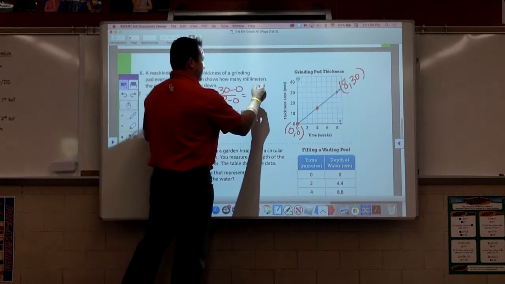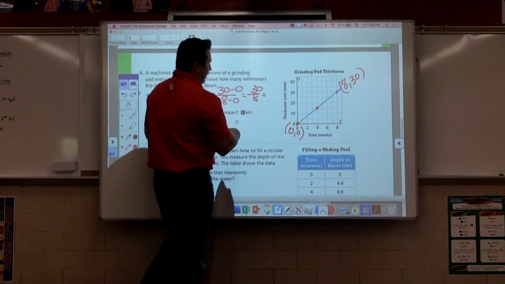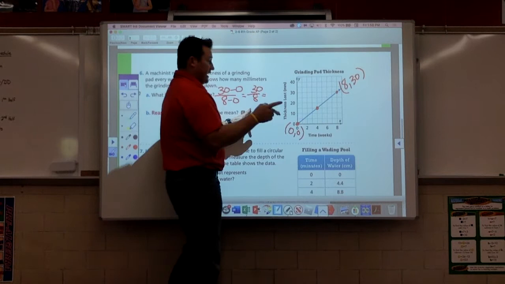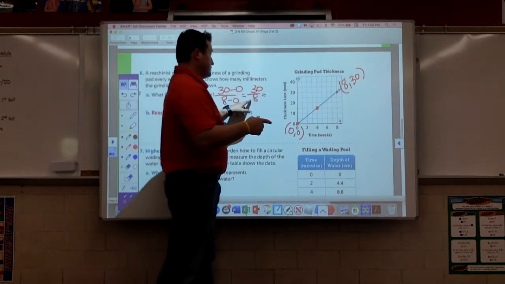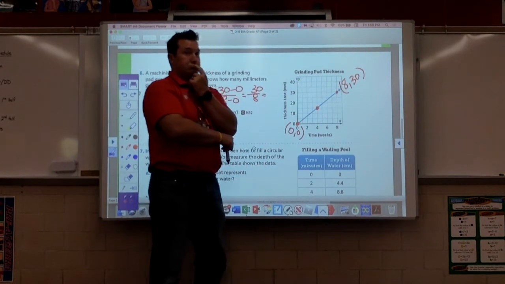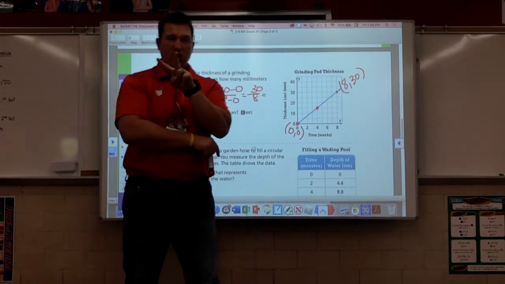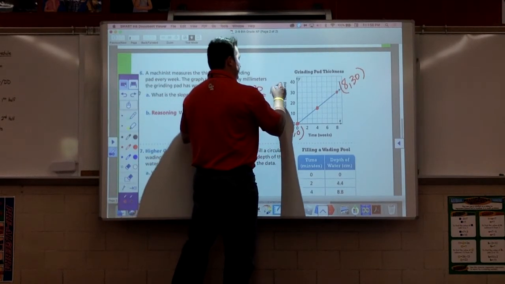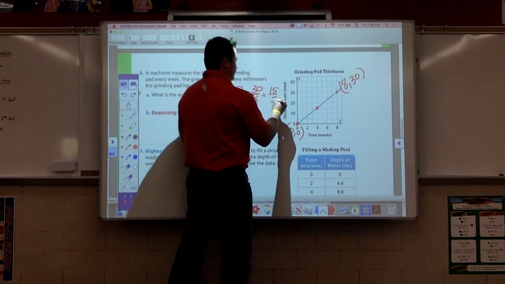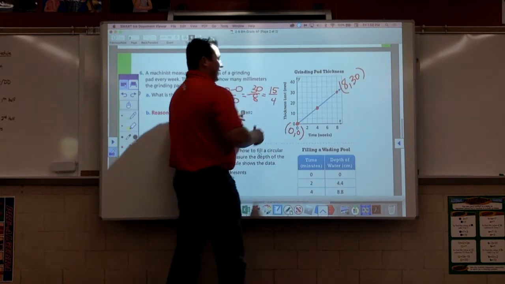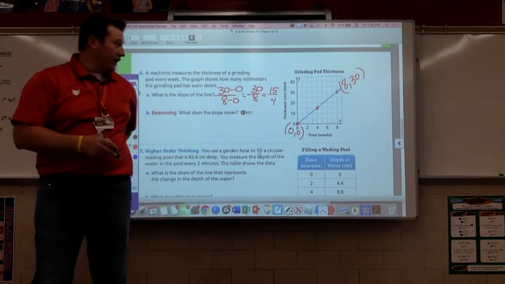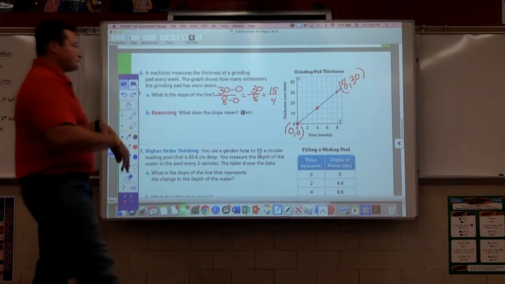So that's just going to be 30 over 8, which is going to equal, any takers out there on this one? 15 over 4. Divide by 2, we would get a 4. There we go. So yeah, 15 over 4.